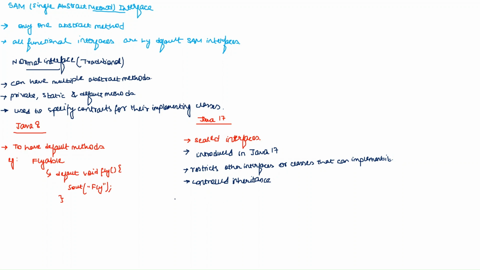Just for example, in order to understand why it is needed, let's say that I have a shape interface. Shape is an interface. Then I have some classes like rectangle, I have square. These two are the classes which would implement this shape interface.